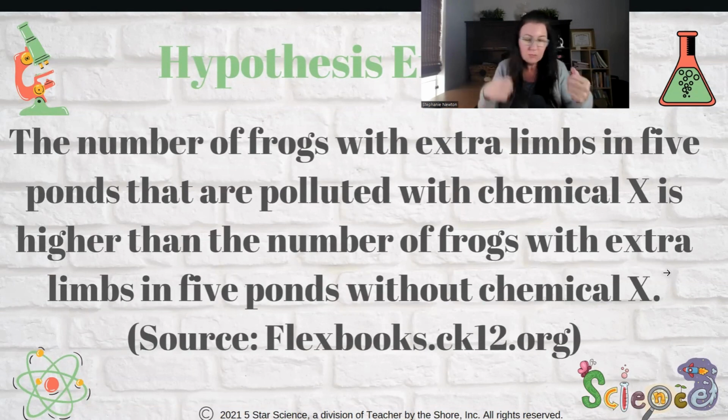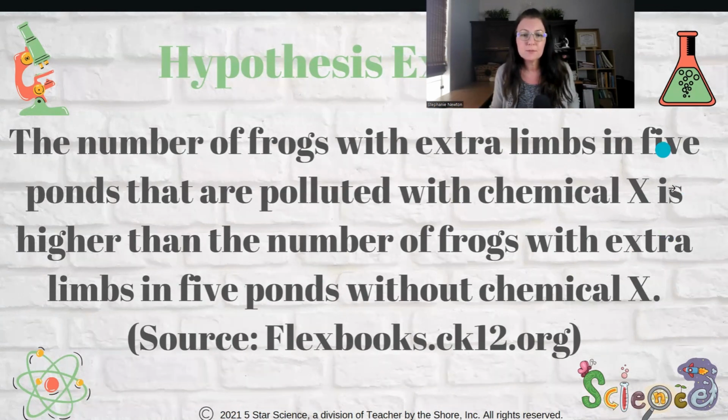You could say chicken and beef. You could say wet food and dry food. I was giving an example and I couldn't think of foods right then, but that would be another example. So if I do this, then this will happen, okay? That's another example of a hypothesis.